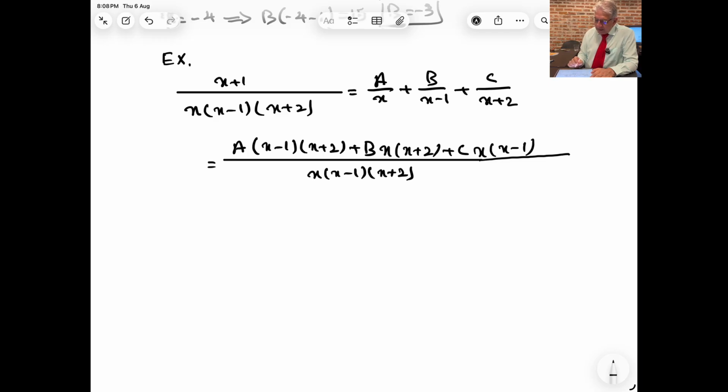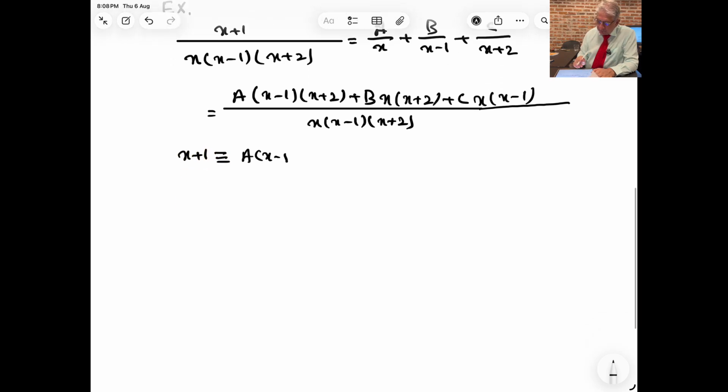Again, the same argument: because the denominators are the same, the numerators should be the same. Therefore x plus 1 is equivalent to a times (x minus 1) times (x plus 2) plus b times x times (x plus 2) plus c times x times (x minus 1).